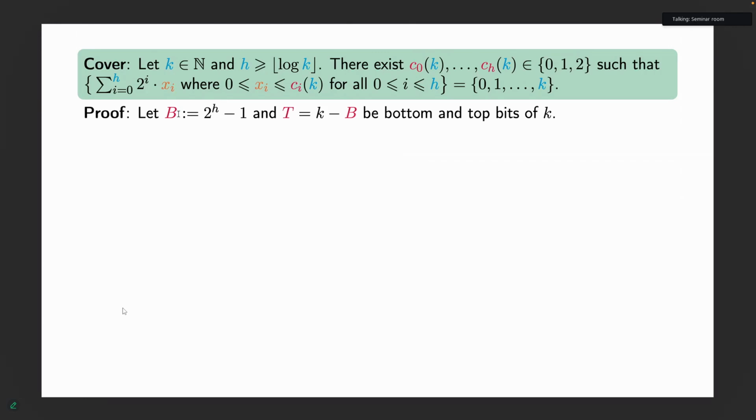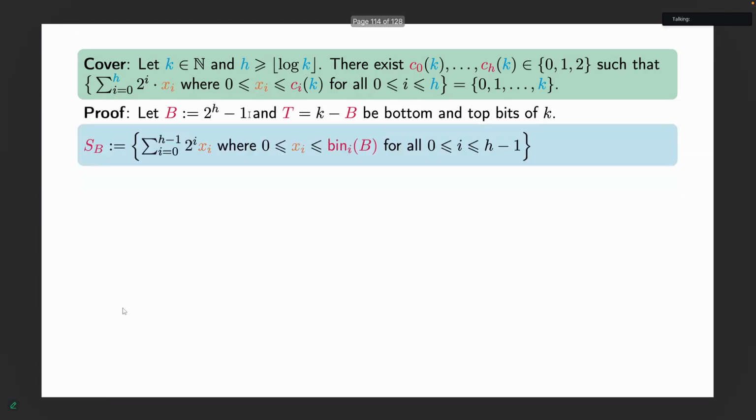This is the number B and the number T. I just call them the bottom and top bits of the number K. And I will enumerate this set as B. This is just the following set: numbers x_i being between 0 and 1 when this is the binary representation of this number, which is 1, because this is just 2 to the h minus 1, so each of these numbers is 1.